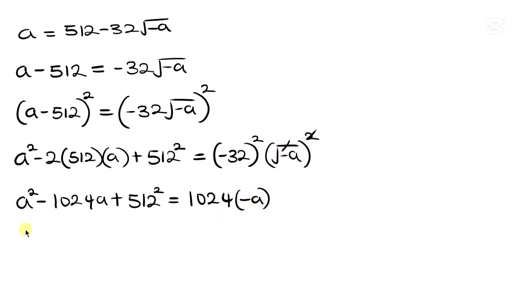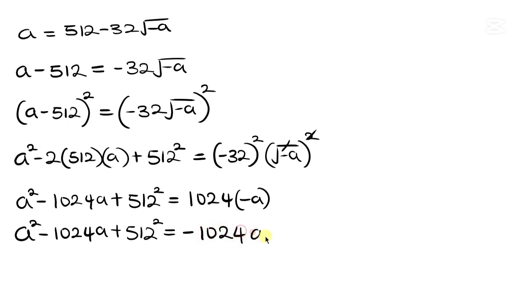So that we have a squared minus 1024a plus 512 squared equal to, now for the right hand side, I have 1024 times negative a gives negative 1024a.